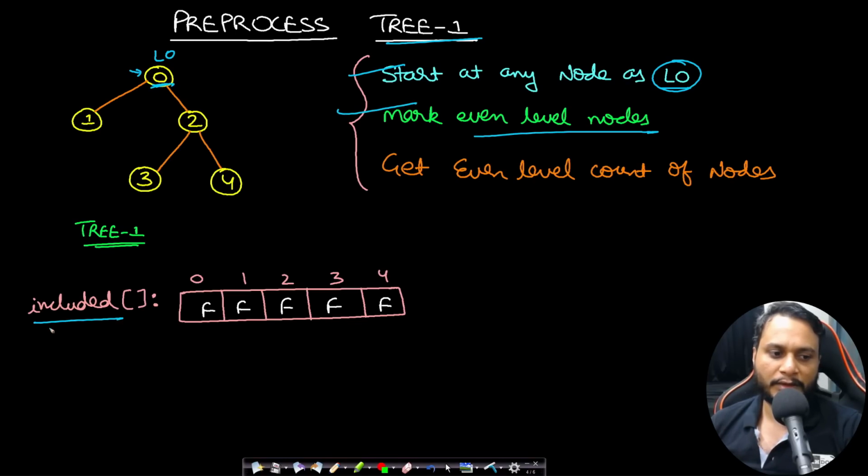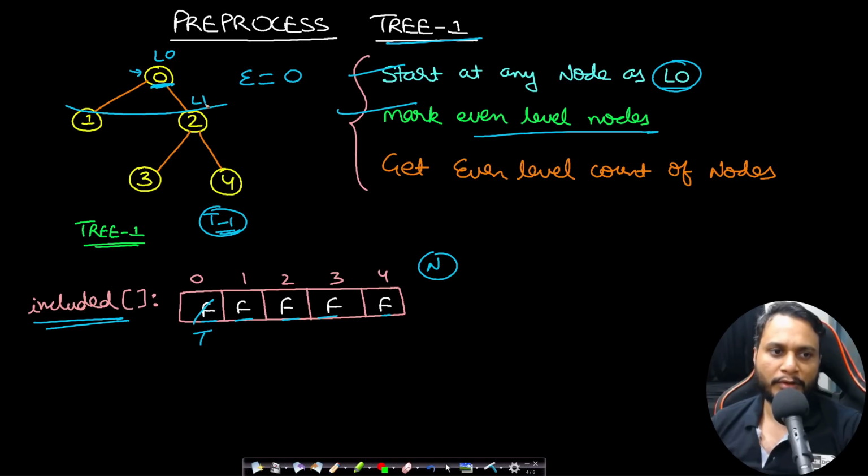So I can take an included array of size n, where n is the number of nodes in tree 1. Okay, and assign all of these node values as false. That means none of them are included at even level. When I start at node 0, I will be marking it as true. Okay, and I will be keeping an even level counter starting from 0, and then try to parse the next level.